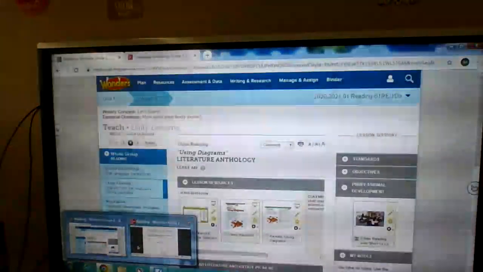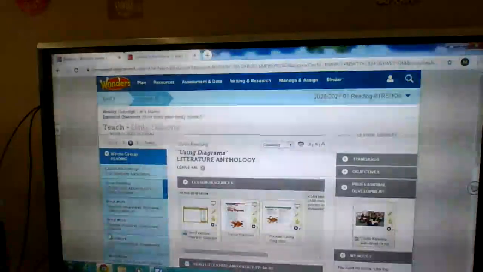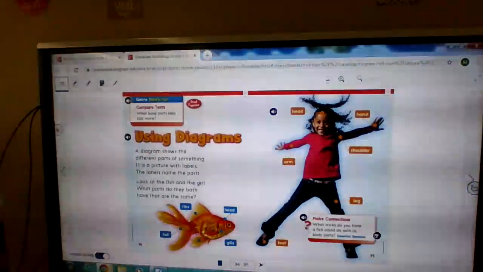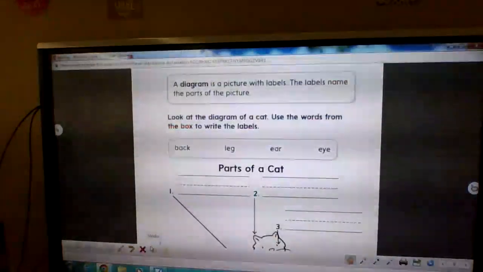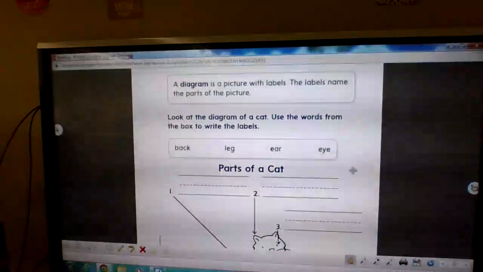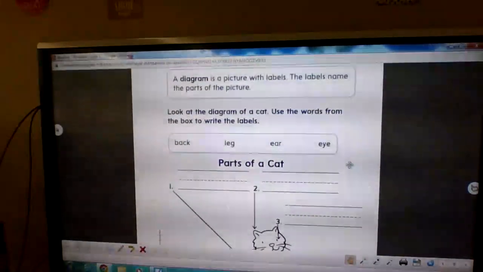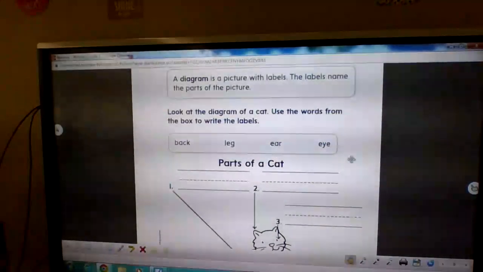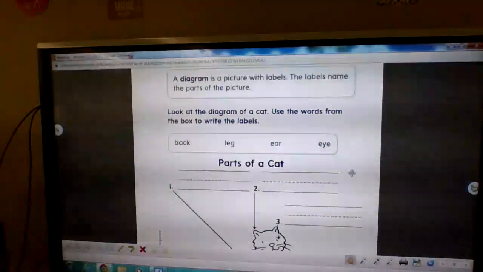Okay, so the next thing we're going to do is look at this workbook page, Your Turn practice book page 49.